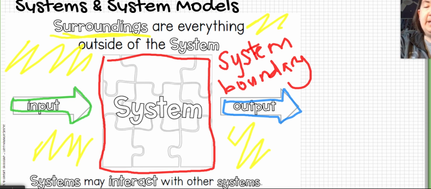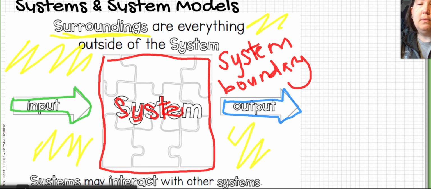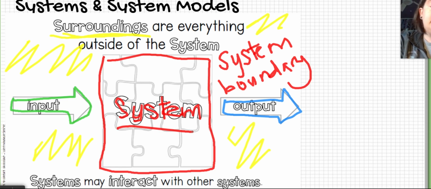So boundary is what goes around the outside of my system. Surroundings are the parts around the outside of that boundary. Inputs are things going into my system. Outputs are things coming out of my system.